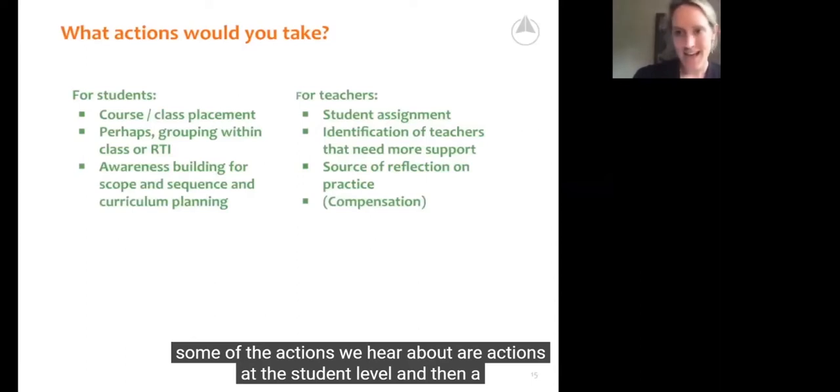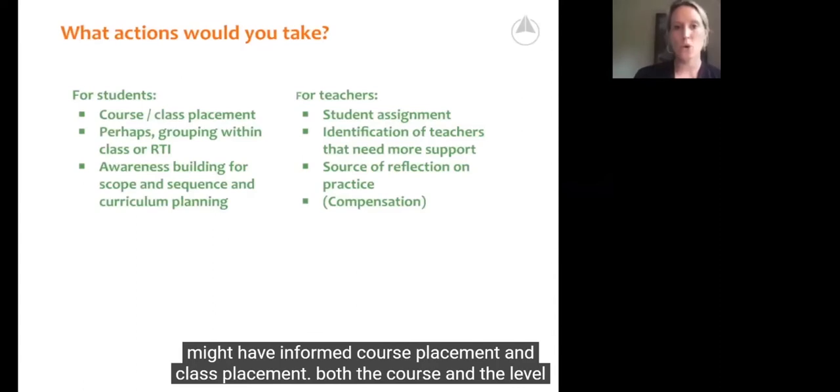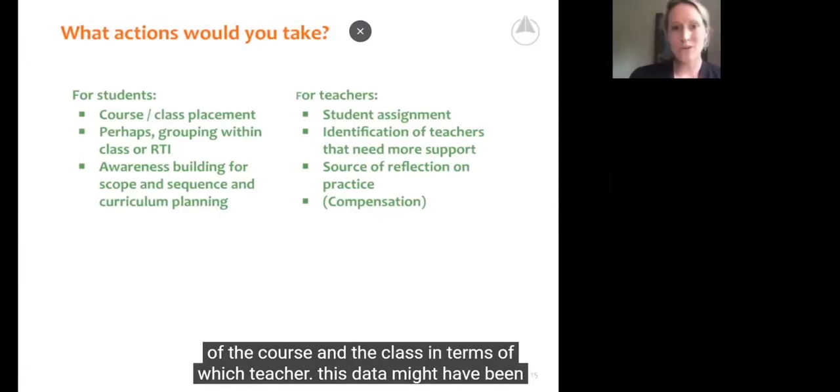Some of the actions we hear about are actions at the student level and then a separate set of actions at the teacher level. At the student level, this data might have informed course placement. This data might have informed both the course and the level of the course and the class in terms of which teacher.